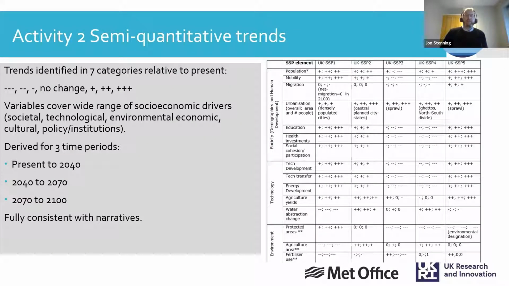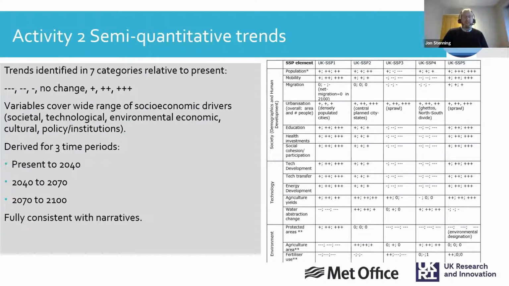Also in activity 2, we developed a series of semi-quantitative trends, and there's a nice example of this on the next slide. So don't worry too much about trying to crane yourself to look at the little table there. But this is just to illustrate what was done.